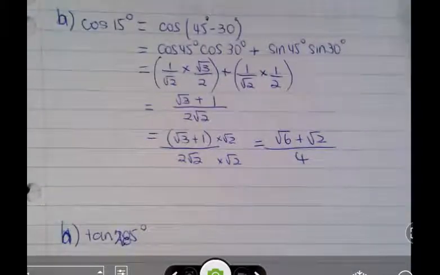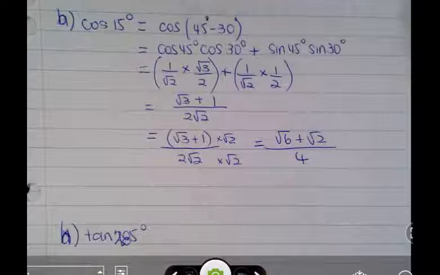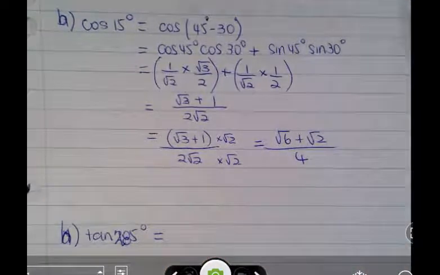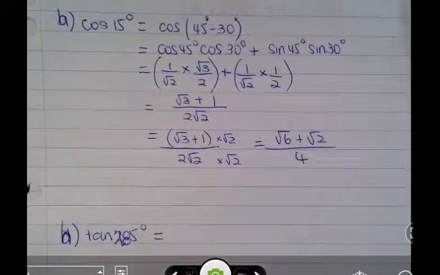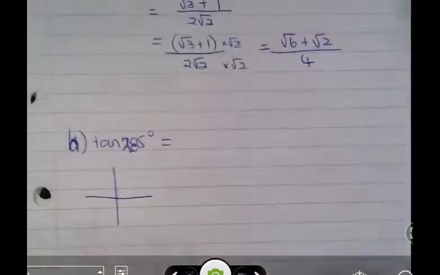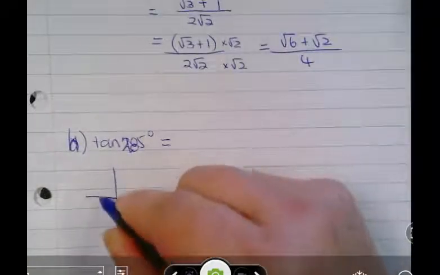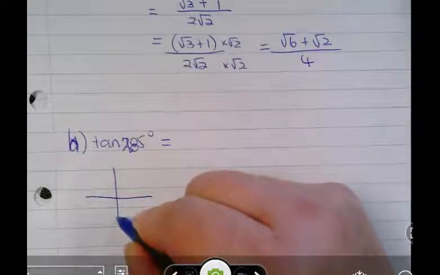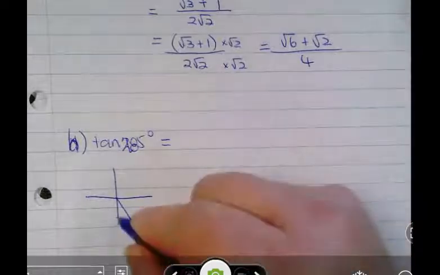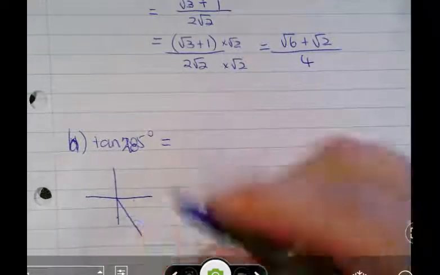Now the next one's a bit different. Tan of 285. Remember, if an angle is greater than 90, we can express it as a negative or a positive. For tan of 285, let me draw where it is. 90, 180, 270, it's here. Am I interested in this angle or this one?